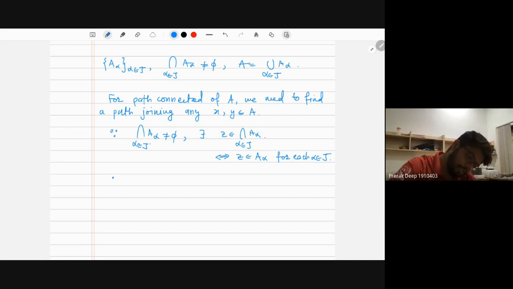Now, since x and y are in A, which is nothing but the union of A alphas, suppose x is from some A alpha x and y is from some A alpha y.